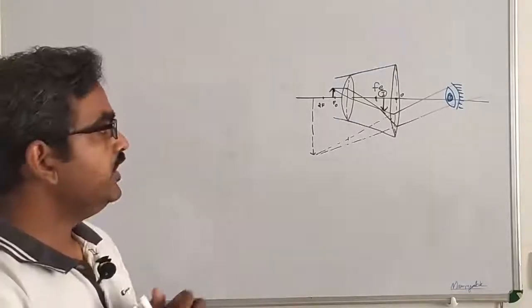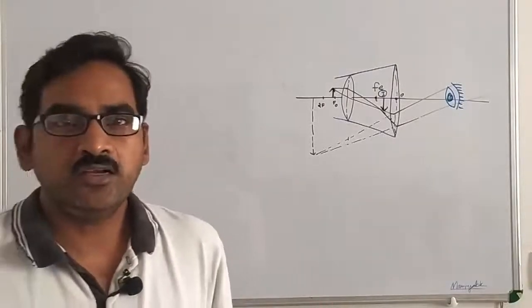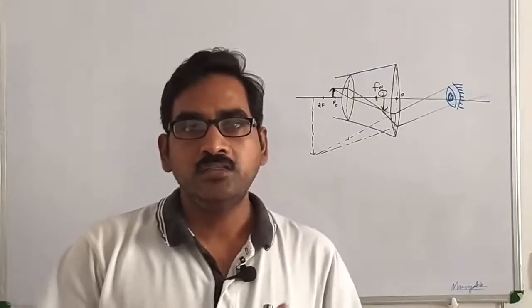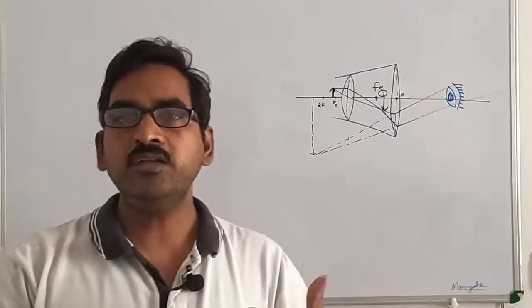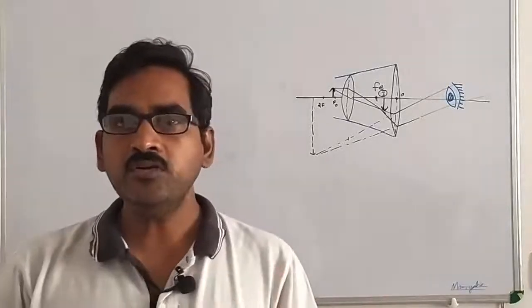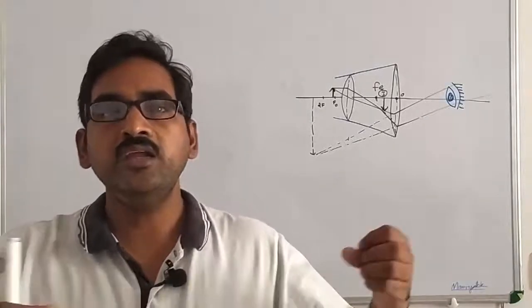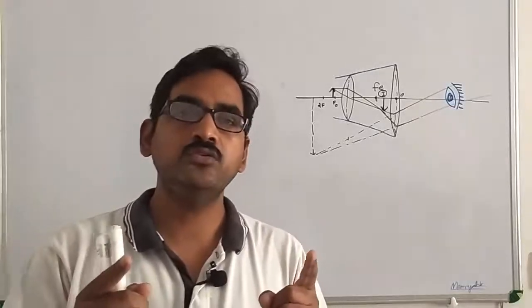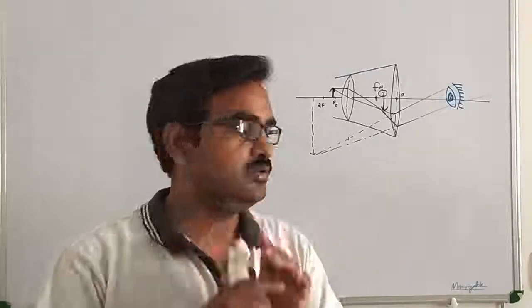Zacharias Janssen was not a scientist, he was just manipulating two lenses and he got the result. But Antony von Leeuwenhoek, as a scientist, made a microscope. So the first microscope was made by Antony von Leeuwenhoek.